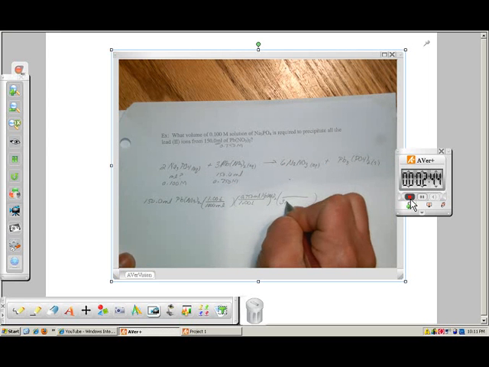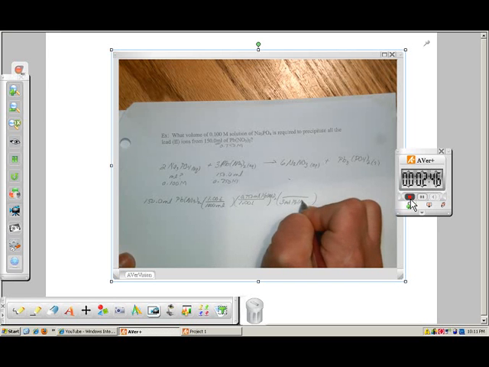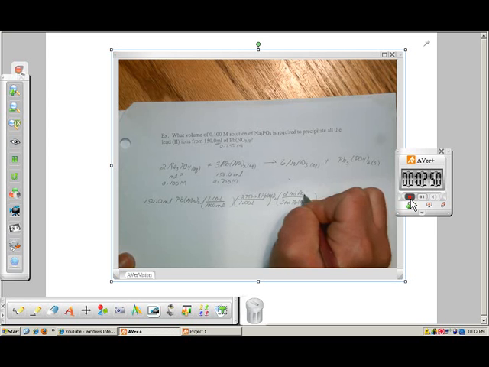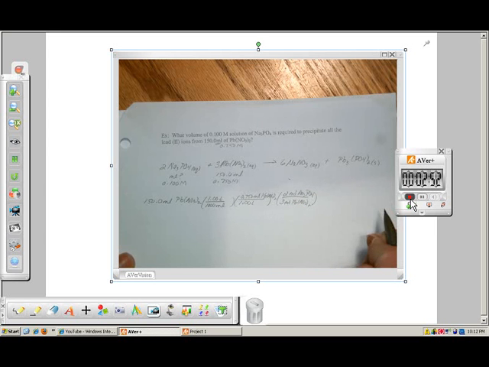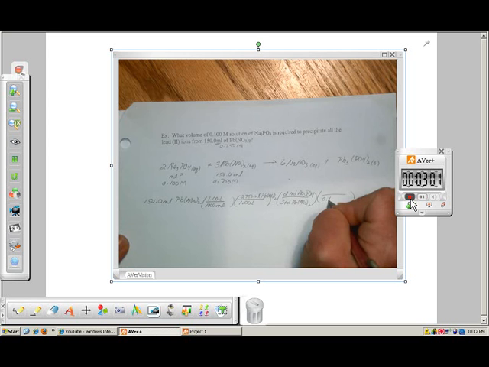There's 3 moles of Pb(NO3)2 for every 2 moles of sodium phosphate. We're asked for volume, so now we can use the molarity of the sodium phosphate, and here it's 0.100 moles of sodium phosphate for every 1 liter of our solution.